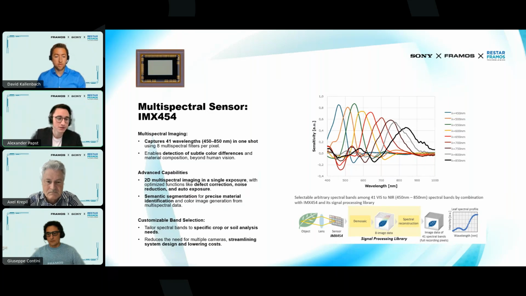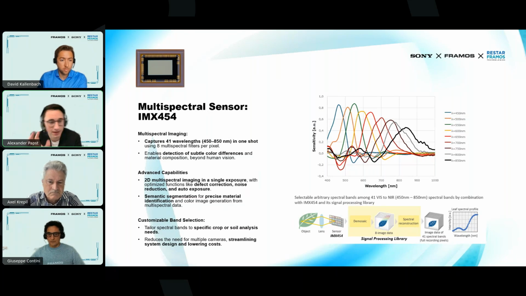The sensor uses 8 multispectral filters arranged in a sophisticated pattern that allows for comprehensive spectral sampling across the visible and the near-infrared spectrum. This enables detection of subtle color differences and material composition that are beyond human vision. And we are talking about seeing biochemical properties of plants, detecting stress, identifying material composition at the same time. So this is quite a powerful device here.